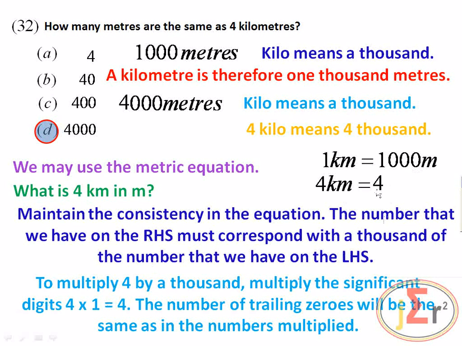Also, we will have what? 3 trailing zeros in the answer, because the numbers that we are multiplying have 3 trailing zeros. So the answer will have 3 trailing zeros also. So there we have it. Option D, and that is 4,000 meters.